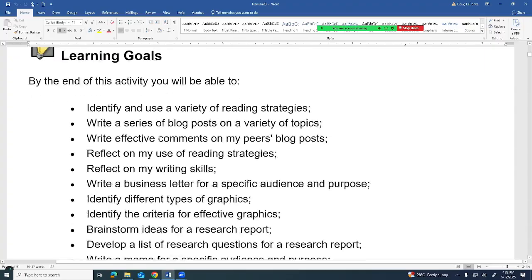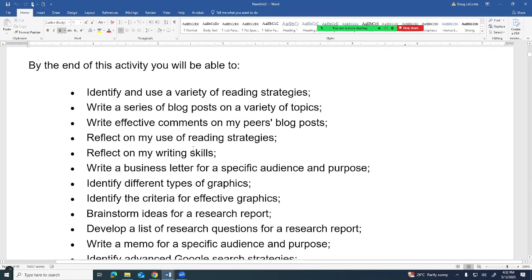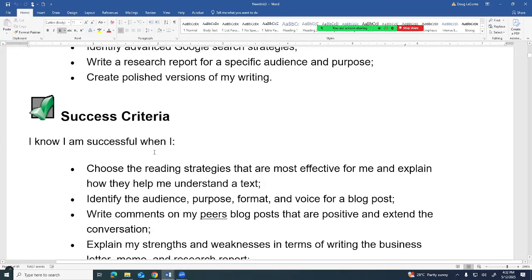And then we have our learning goals, those things that we hope you achieve, and the success criteria. This is the criteria that you will need to meet to do well when you complete your key questions in this unit.